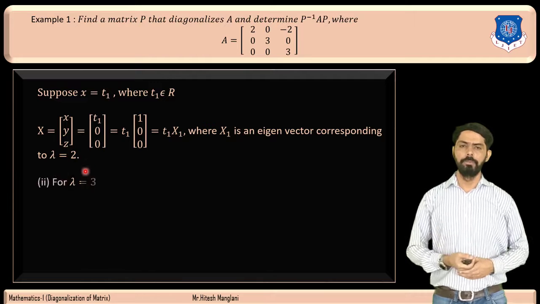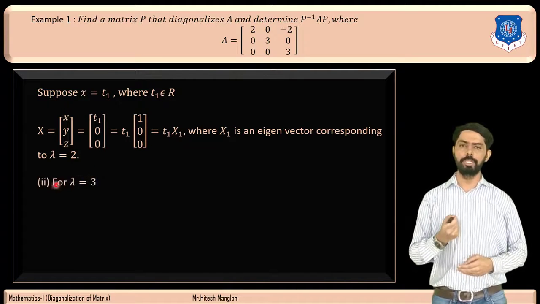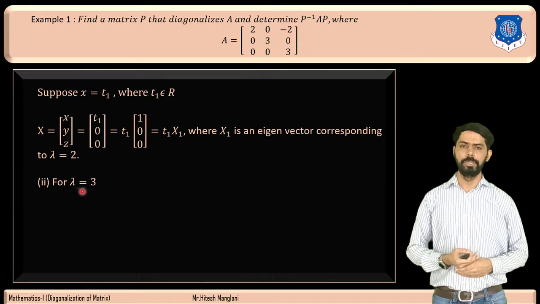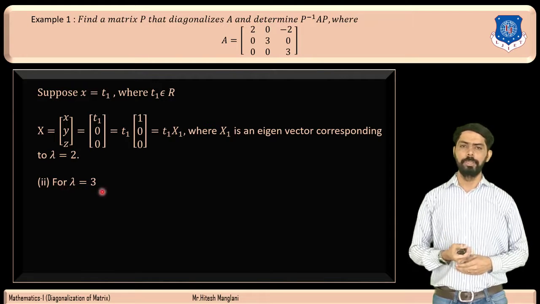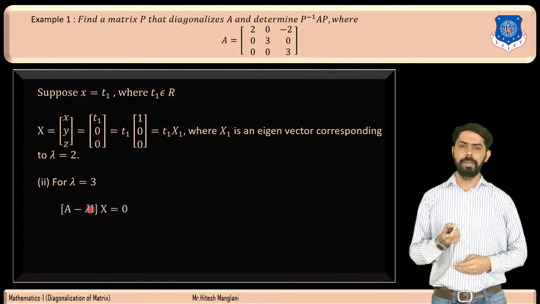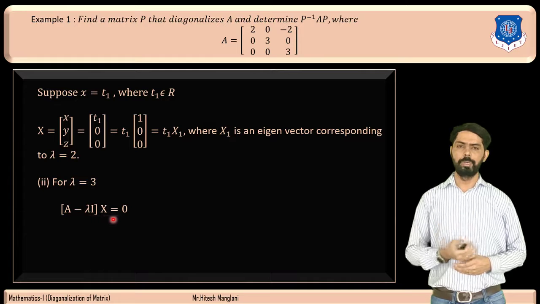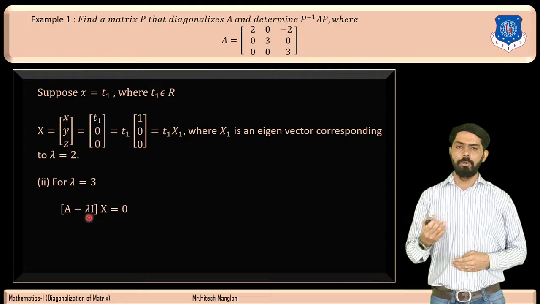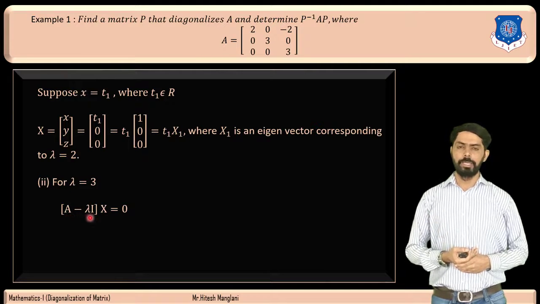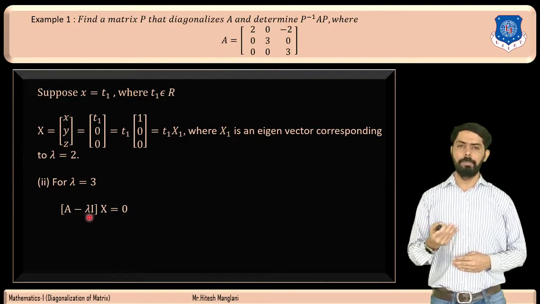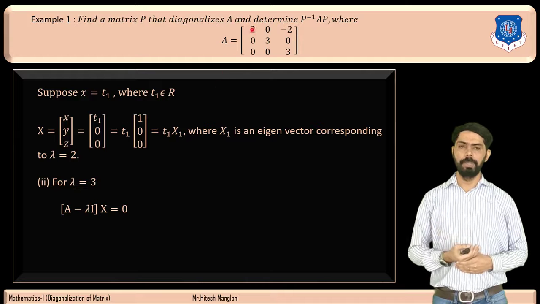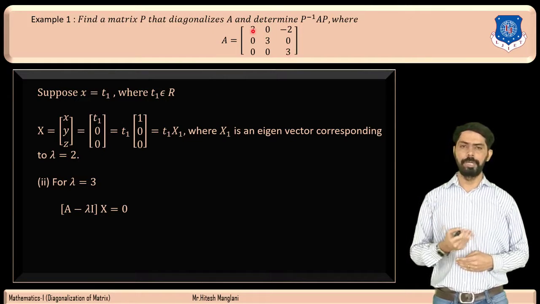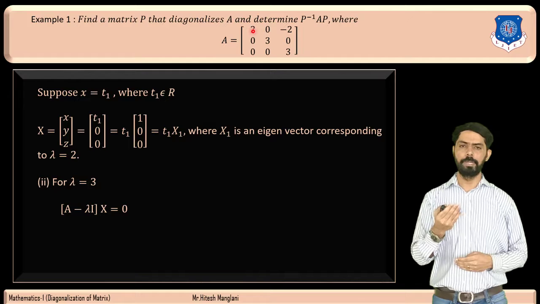In the same way we will find the eigenvector corresponding to lambda equal to 3. For lambda equal to 3, A minus lambda I into capital X is equal to 0, where capital X is an eigenvector. Now we will find A minus lambda I by subtracting lambda, here 3, from the principal diagonal elements.